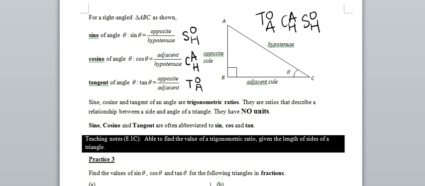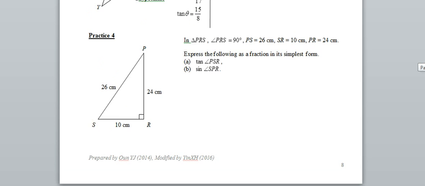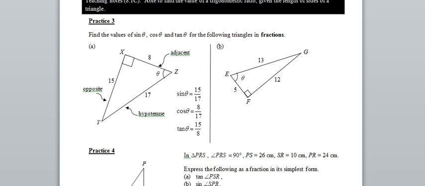So now let's take a look at how we are going to apply these to do practice number 3. For practice 3, the questions ask us to find the values of sine theta. Now let us recall a little bit. What is sine theta? Sine theta is given by the ratio opposite over hypotenuse, SOH.